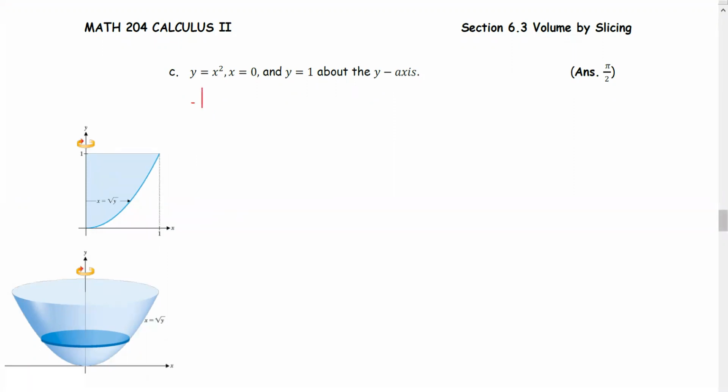Y equals x squared is a parabola graph. X equals 0 is the y-axis. Y equals 1 is the horizontal line, and the y-axis is the axis of revolution.